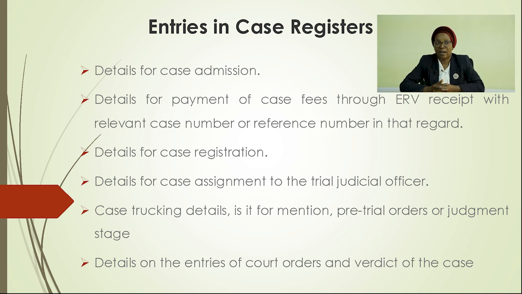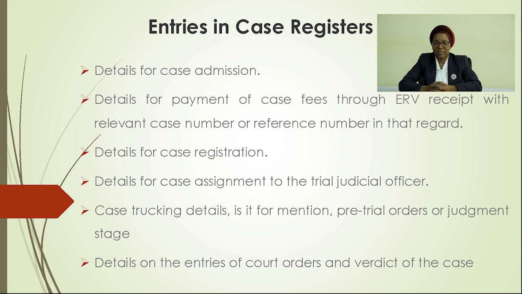The following are examples of types of entries in the register. Details of the case admission, details of payment of case fees through control number receipt with the relevant case number or reference number in that regard, details of case registration, details of case assignment to a trial judicial officer, also details of case tracking like its formation, pre-trial orders, or judgment stage.